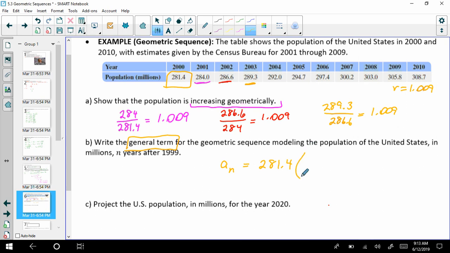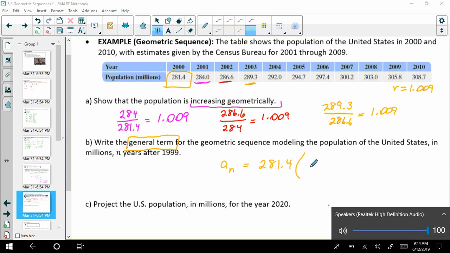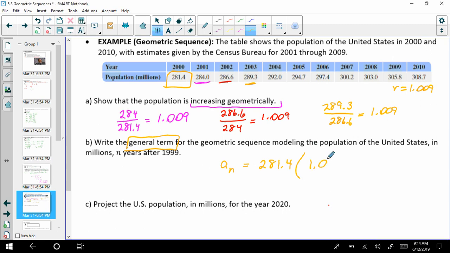Well, we just said what r was. Now, on problems like this, it will tell you how many decimal places to keep. So let's just say it told me to keep 3 decimal places. And then n minus 1. That's it for part B. I don't want to plug anything in for n. So there's my general formula.